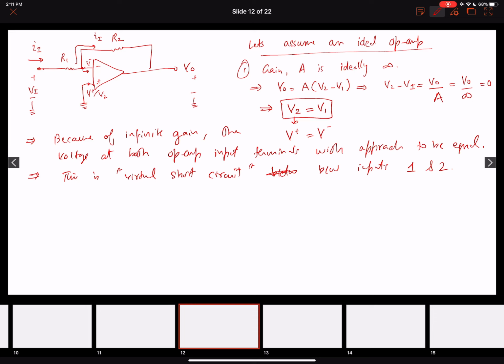Now, if we look closely, this terminal is grounded. So this means that my V positive, which equals V2, is grounded, it is 0 volts. And if this is 0 volts, V1 should also be 0 volts. If both of them are 0 volts, there will be a virtual ground appearing at this terminal as well, and the voltage between these two terminals will be 0 volts.